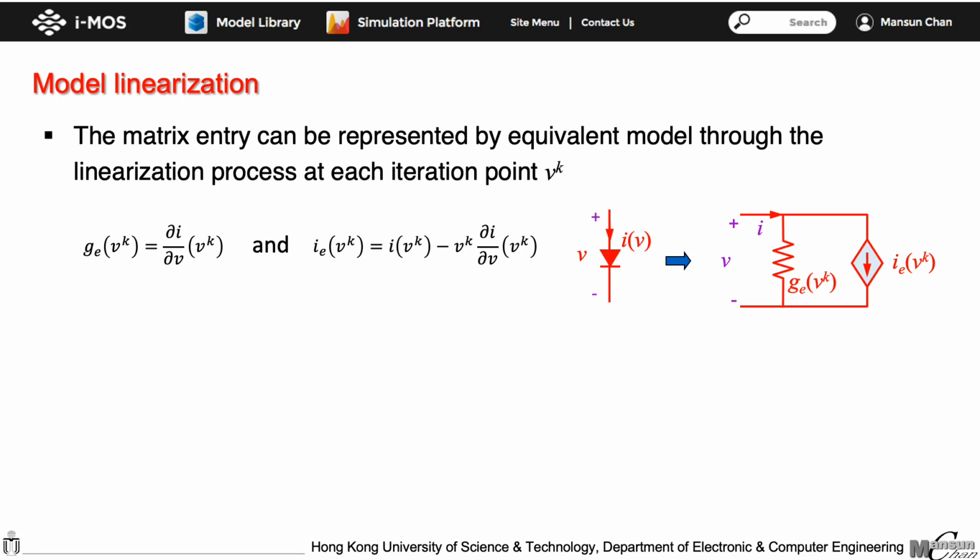If you follow the procedures to compose the matrix equation using the matrix stamps for the linear circuit elements, you will find that the resulting matrix is the same as what we had in the previous page. But we should pay attention that the values of the equivalent conductance and voltage controlled current source will be changing at each iteration.